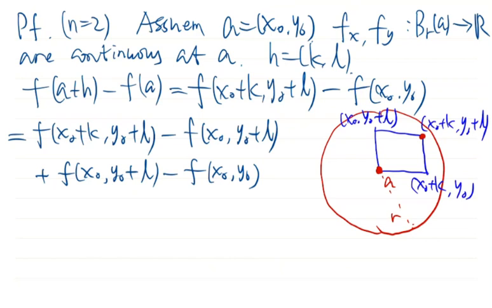We add a term and subtract that term, and then we group these together. So our difference here can be written as the sum of these two. For the first term, we consider this function. Maybe we study the second one first.